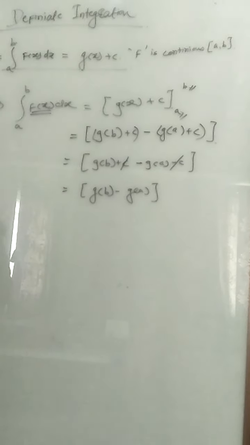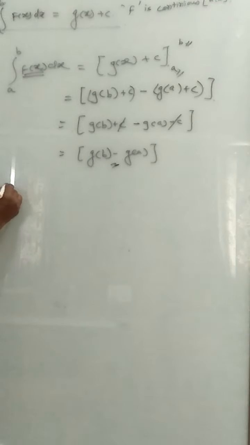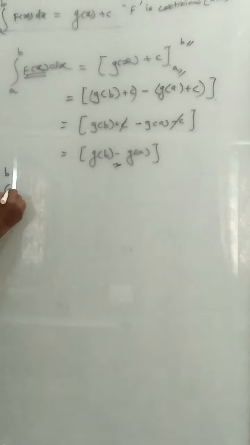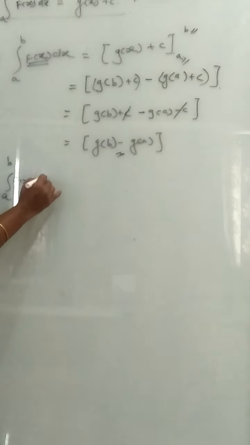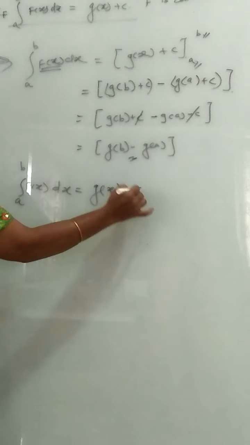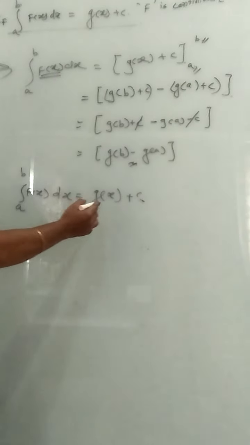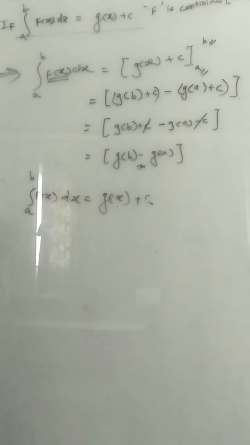This is the property, and this term is the value of the integral. Therefore integration of a to b f of x dx is equal to g of x plus c. When we substitute the limit, we get g of x with x tending from a to b. Then the second property we have to learn.